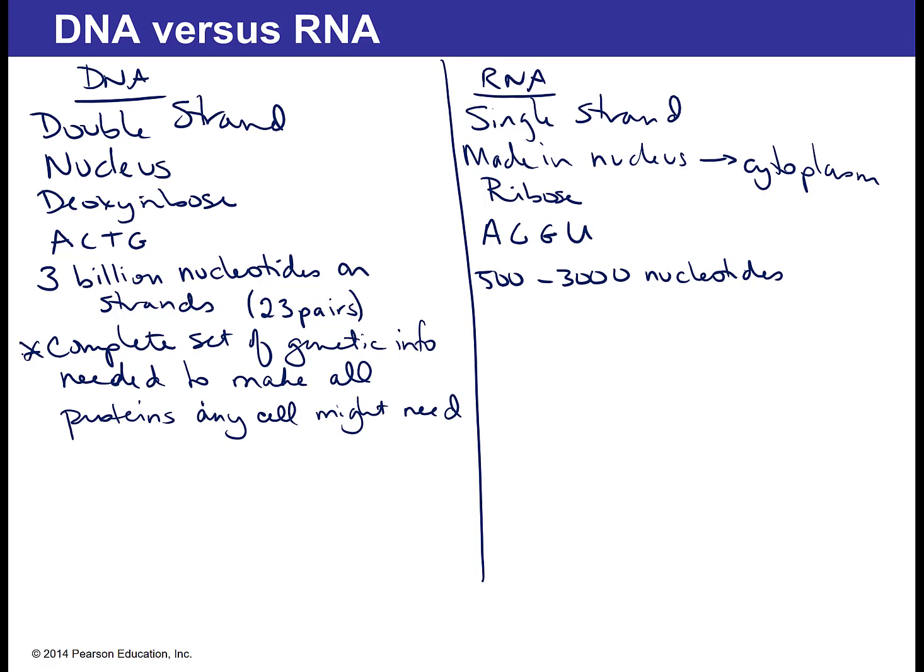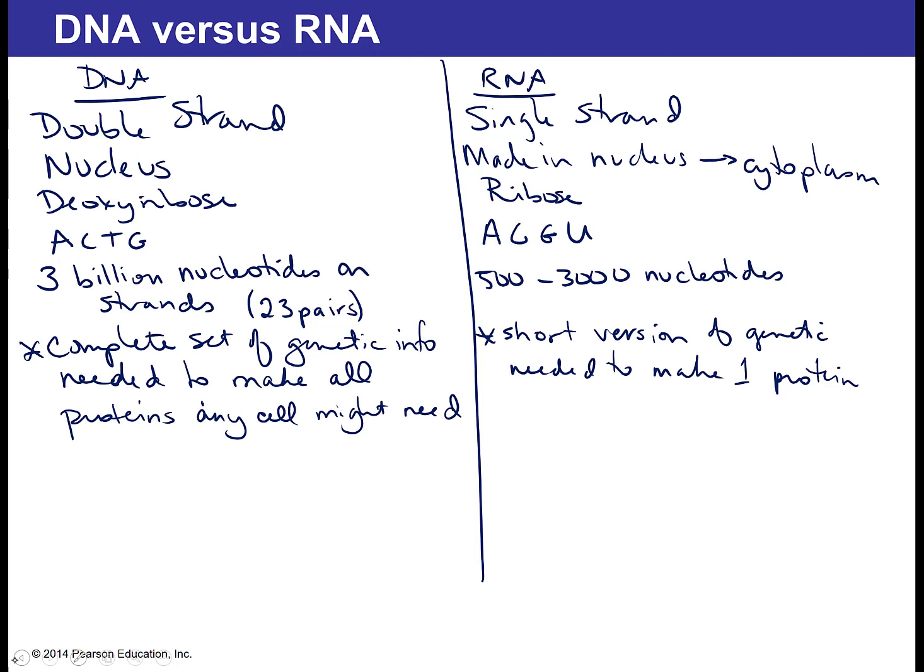RNA, on the other hand, is just the amount of information needed to make one protein. So it's really just a short version of genetic information used to make just one.